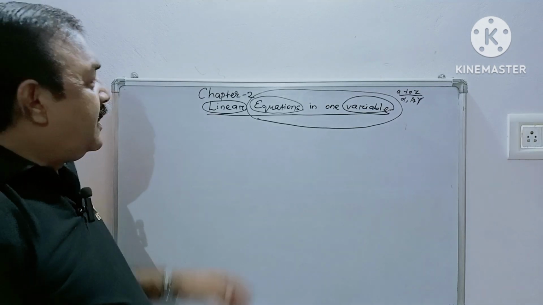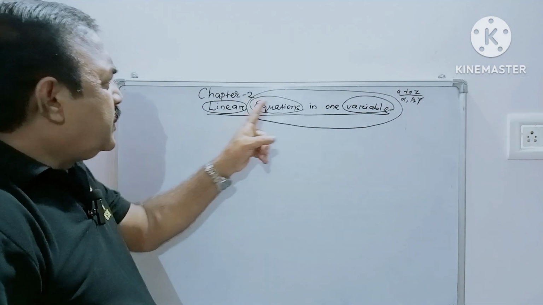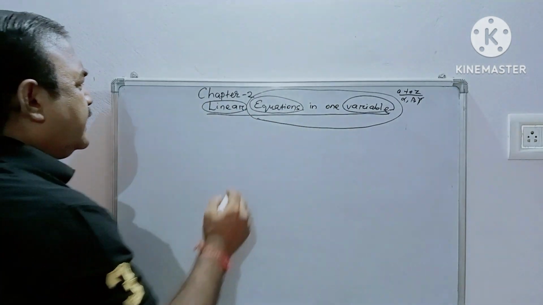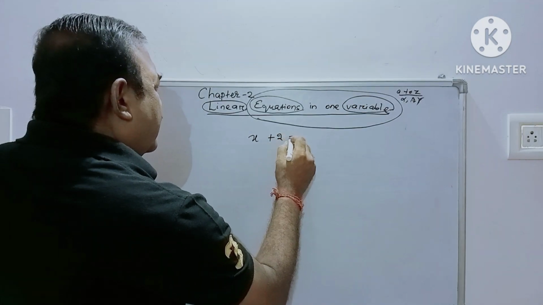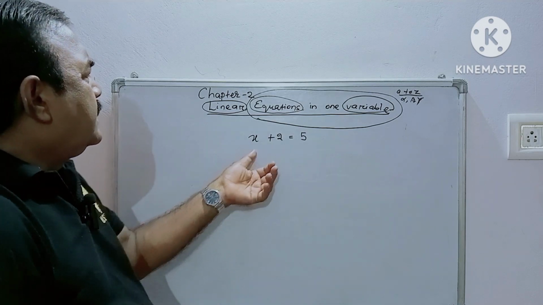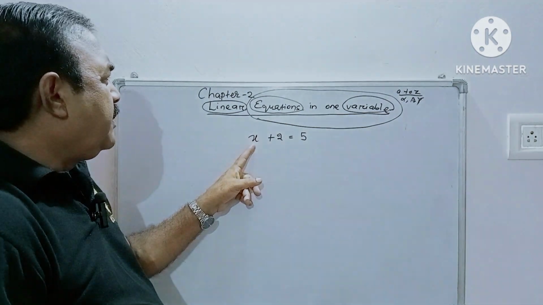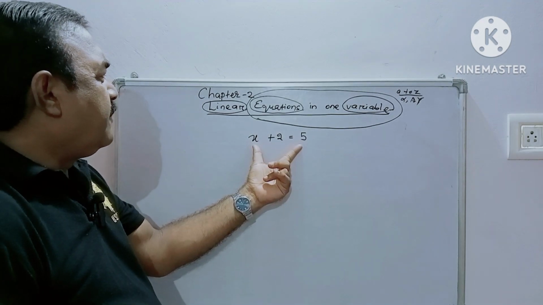Why? Already I have told you, from line it is linear. So equation in one variable, you better understand. Like this, x plus 2 is equal to 5. Already I have written. So here you see, this is an algebraic equation. Yes, one variable is there. So this is an equation in one variable.